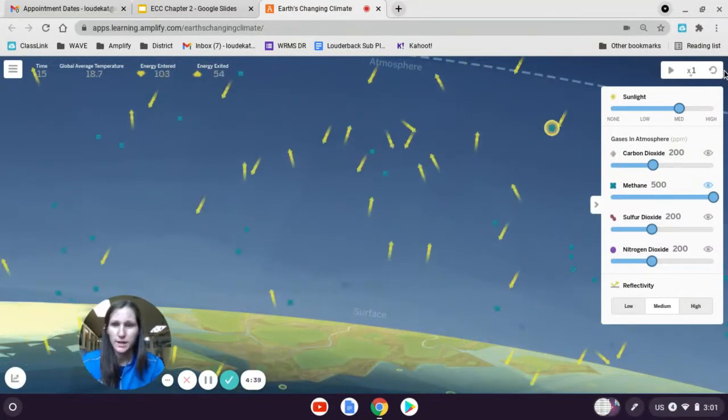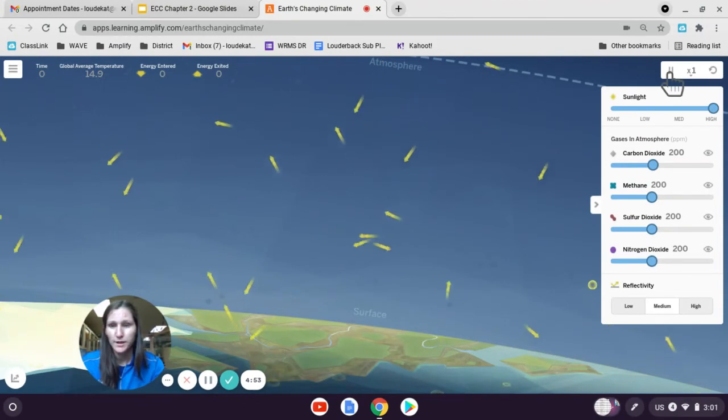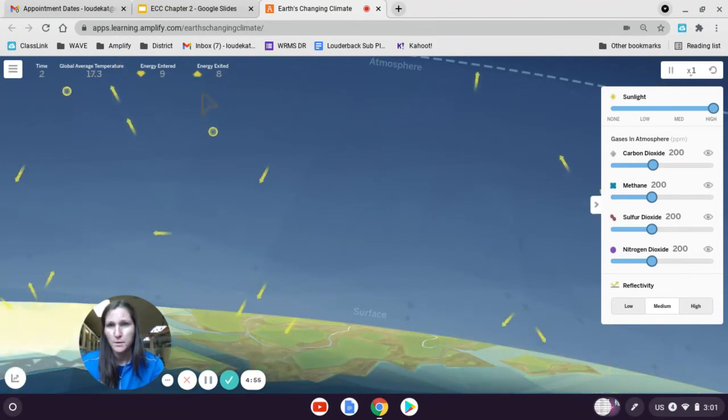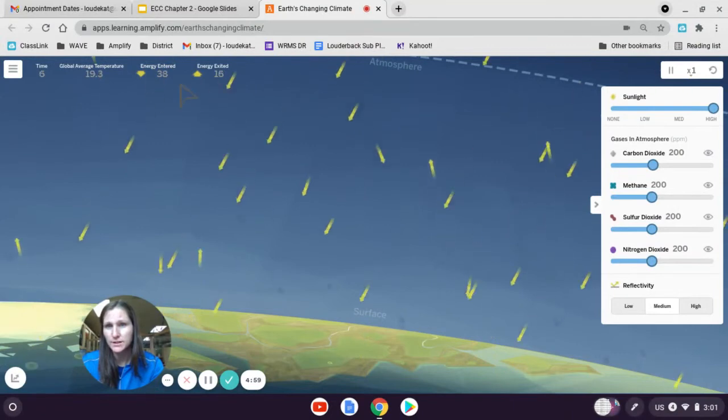Then you'll do the same thing again for the third test, but when I reset for the third test, I'm not manipulating a gas in the atmosphere, I'm manipulating the sun. So I'm going to increase the sunlight to high, and play again to 40. Pay attention to the amount of energy entering and exiting the system.